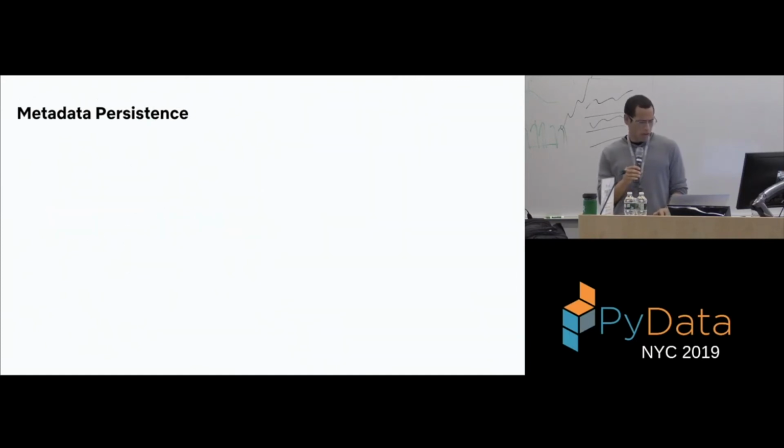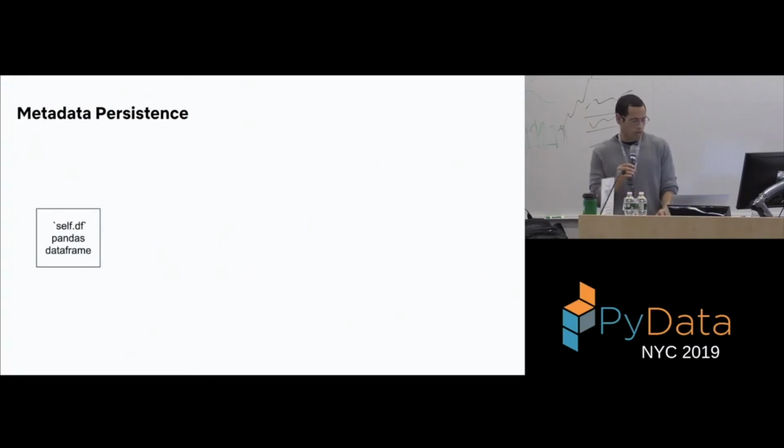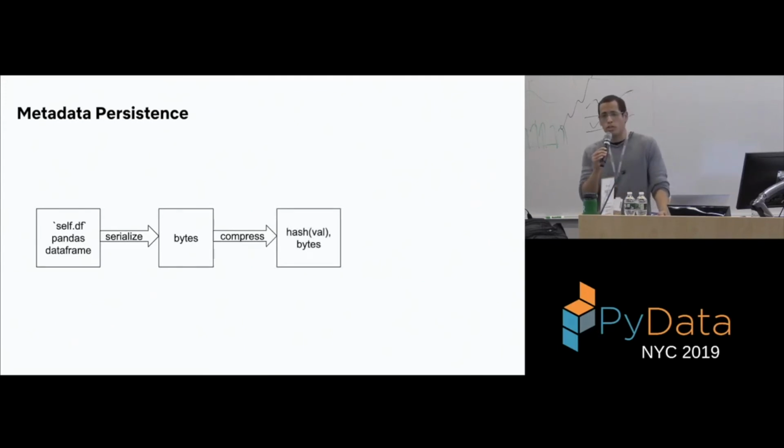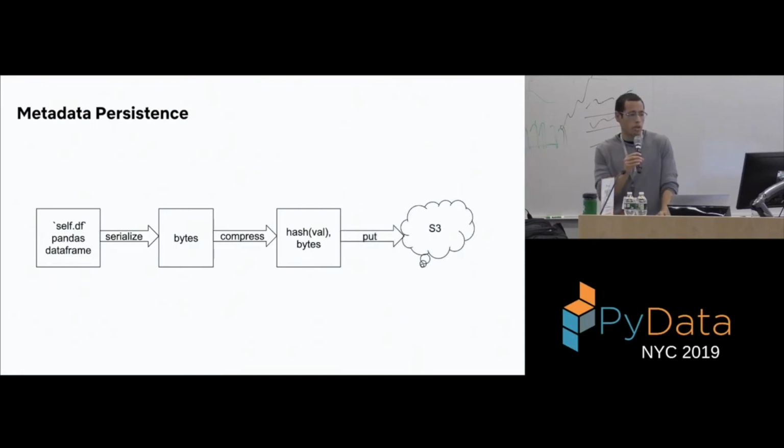The way we do that is pretty simple, probably not too surprising. You take the pandas data frame, you serialize it using pickle, something like that. So you get some bytes. We compress the bytes. Here we do some standard hashing. So we hash the byte values and use that as the key. And then we put the entire payload in S3.